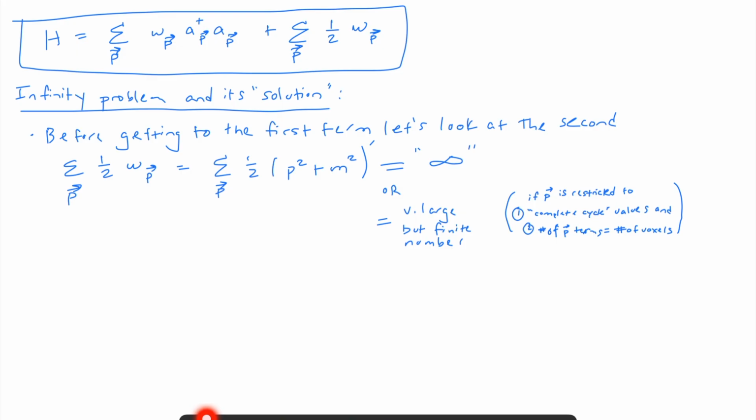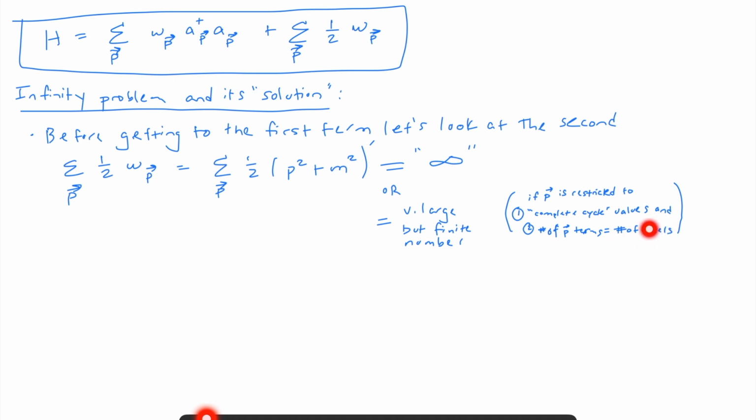However, and this may be controversial, I am restricting p to two things. One, the complete cycle values, like we've talked about a lot in the mathematical interludes. But also, I made a statement before that I want the total number of p terms to equal the total number of voxels in our system. I assume that in a finite system, we have a finite number of voxels, that they're not infinitesimally small, and space is not infinitely big.